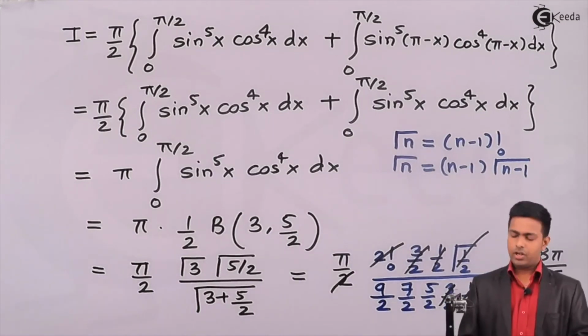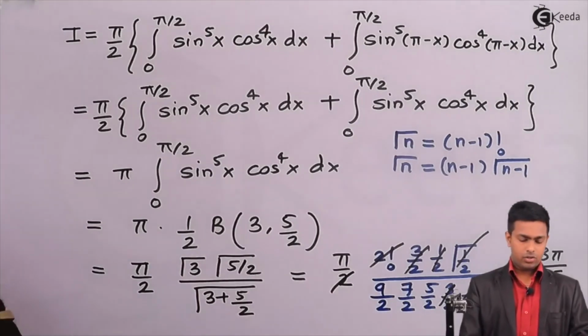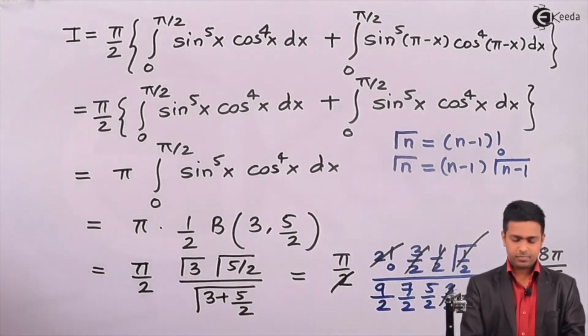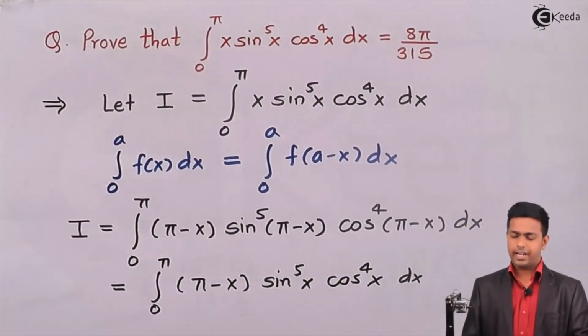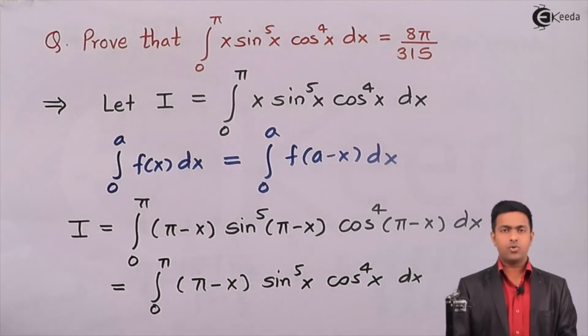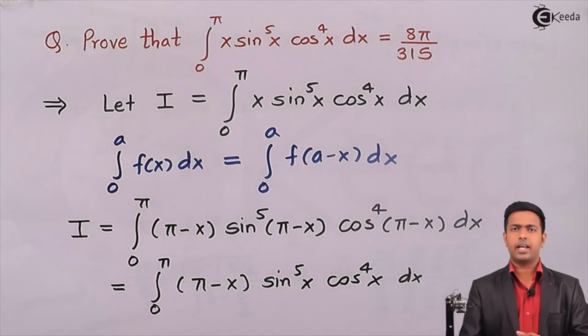So guys, here we got the value as 8 pi upon 315. So if you see the question, here we have proved the given result as 8 pi upon 315 by using the definition of beta function and different properties of beta and gamma function.